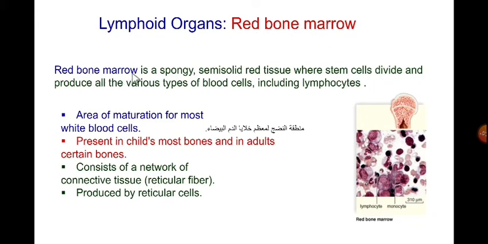Red bone marrow نخاع العظم الأحمر is spongy semi-solid red tissue with stem cells that divide to produce all the various types of blood cells including lymphocytes. Area of maturation for most white blood cells, present in a child in most bones and in an adult in certain bones. طبعا في عظام الطفل بتكون موجودة كلها في النخاع تاعها، لكن بالنسبة للبالغين فقط النخاع العظام الأحمر بيكون في بعض العظام.